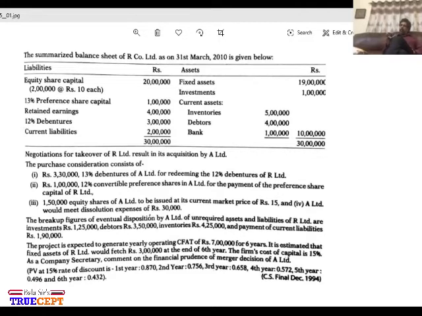Similarly, how much is paid to the preference shareholders, Renuka? How much is paid to the preference shareholders as a part of consideration given just after 3,30,000? 1 lakh for 12% preference shares. Preference shares issued are also a cash outflow, because the minute you issue rupees 1 lakh worth of preference shares, you have to pay dividend on these preference shares for the next 6 years, and also repay rupees 1 lakh to the preference shareholders.